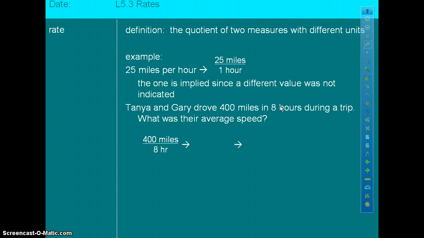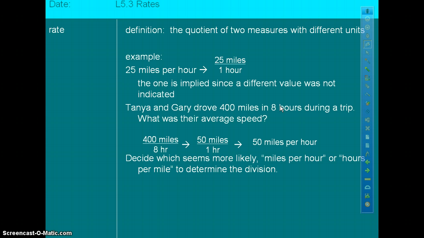Both of these rates could potentially be useful, but generally we go with the one that is more often used. So 400 miles per 8 hours is the same as 50 miles per 1 hour, or again, 50 miles per hour. We usually decide which seems more likely to determine if we're going to do 400 divided by 8 or 8 over 400.